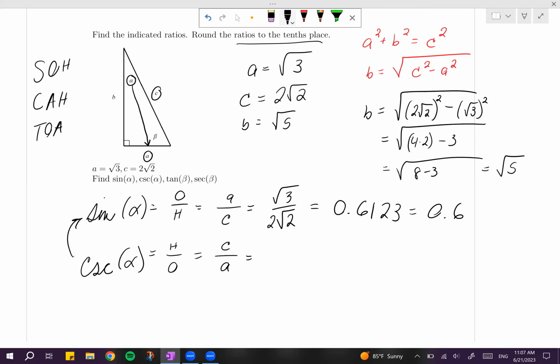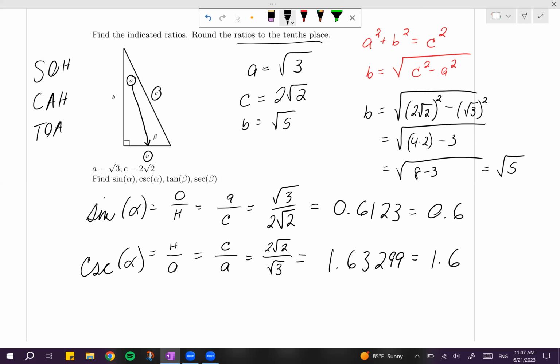I'm plugging it in the calculator. All right. When we do this, side C is 2 times the square root of 2 over square root of 3. And when you plug it in the calculator, you get 1.63299. And we round to the tenths place, so this is 1.6. Okay, so that's the first two.